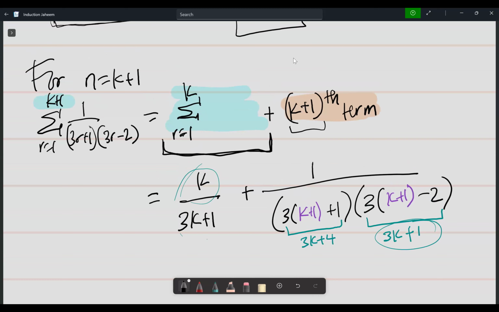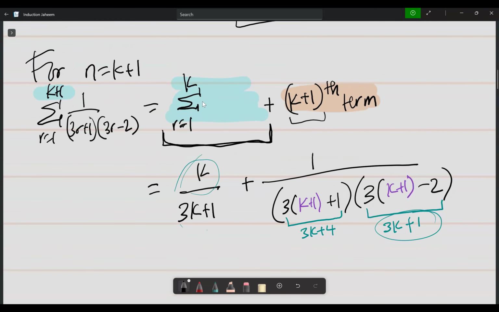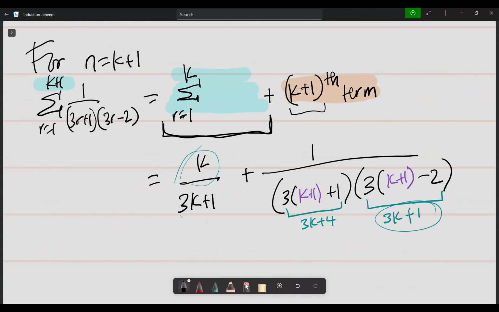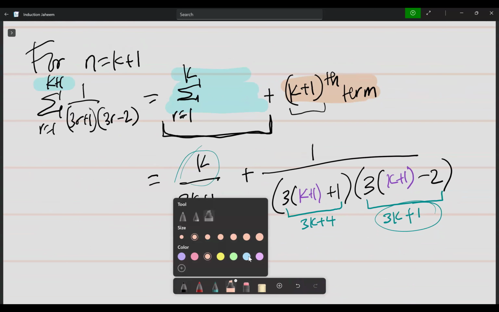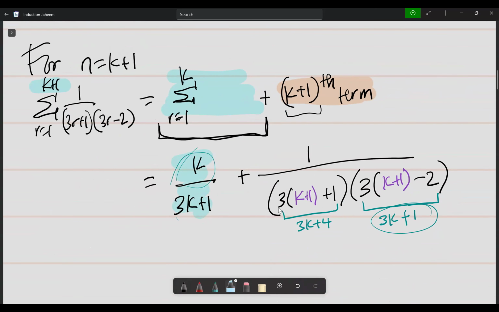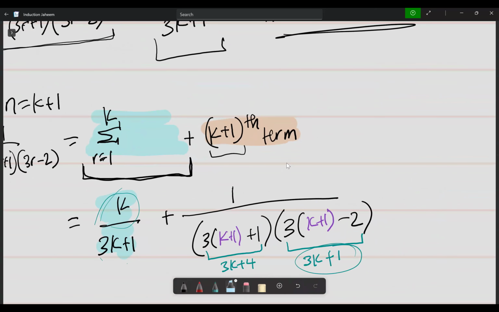Now we replace what we assumed: the summation up to k we found was k over 3k plus 1. So replace it here. Now we need the k plus 1 term.